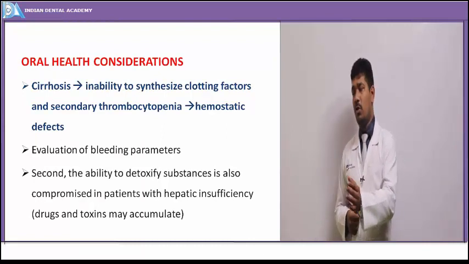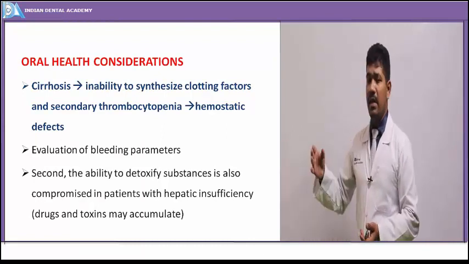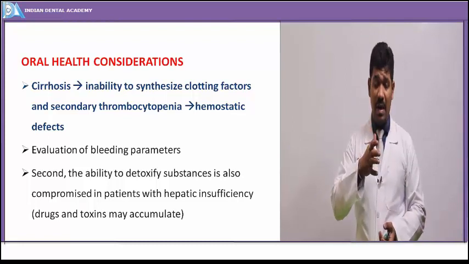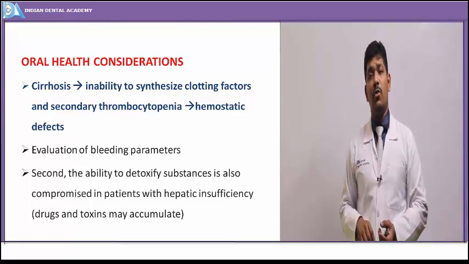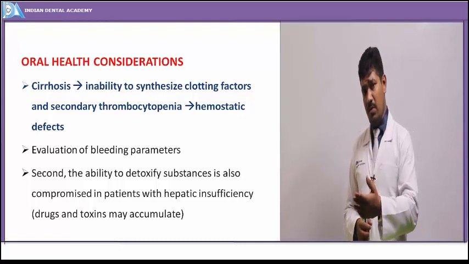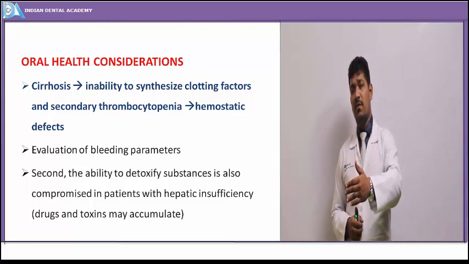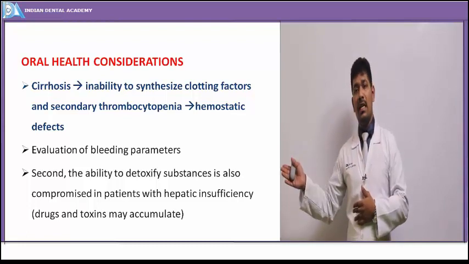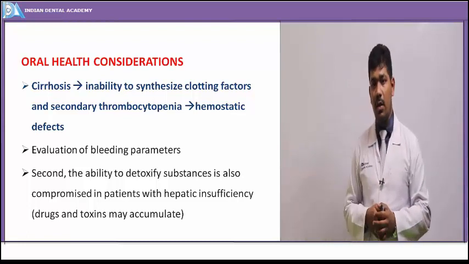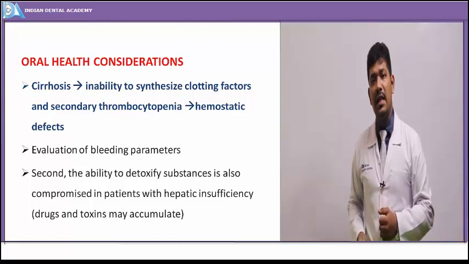We also know that the liver is the primary center for production of coagulant factors. So in cirrhosis, wherein we have hepatocellular dysfunction or destruction of the liver cells, there's also an inability to synthesize these coagulant factors, thereby resulting in excess bleeding.